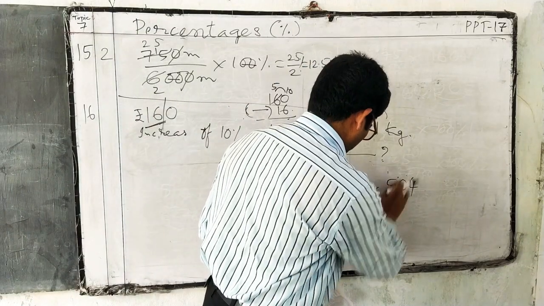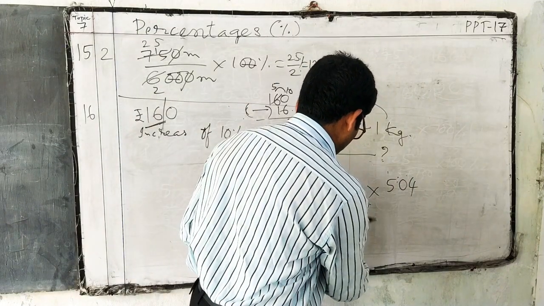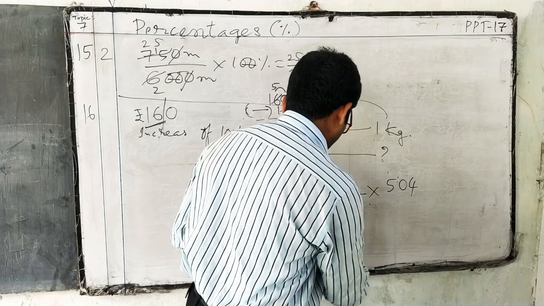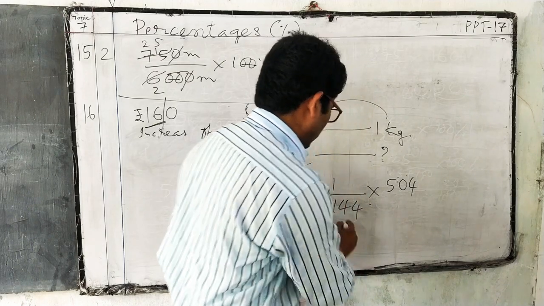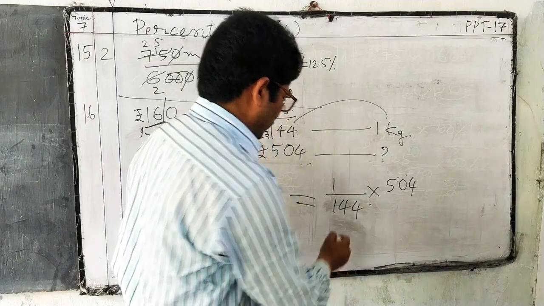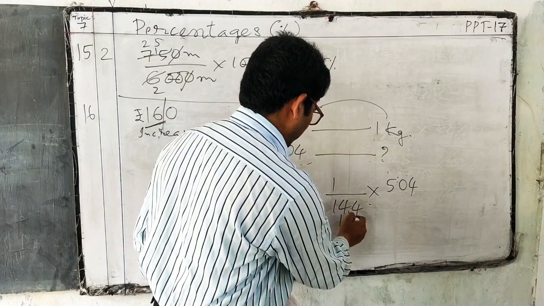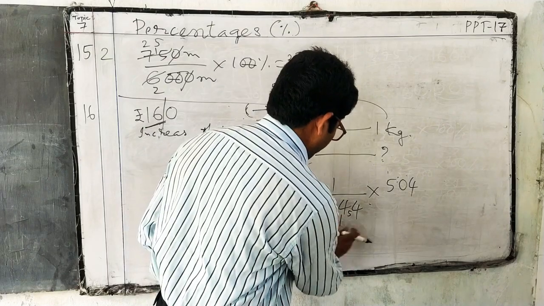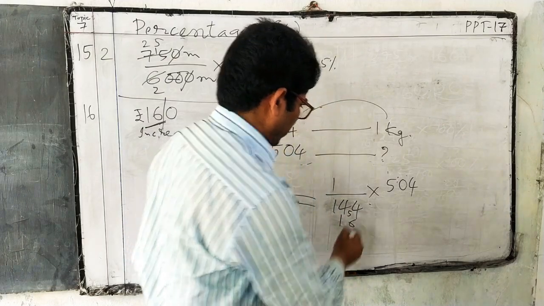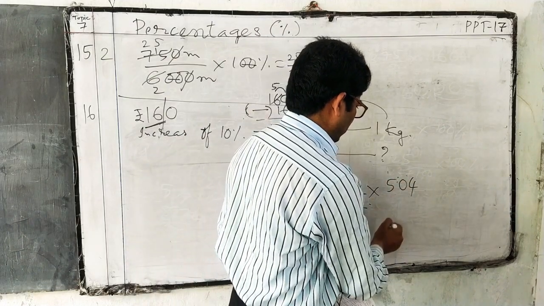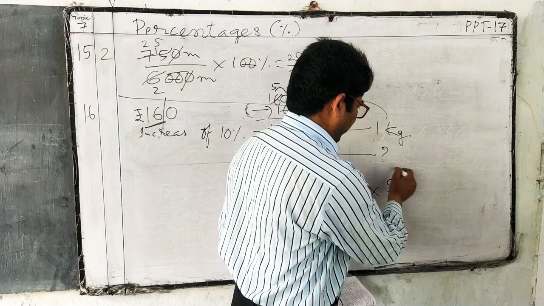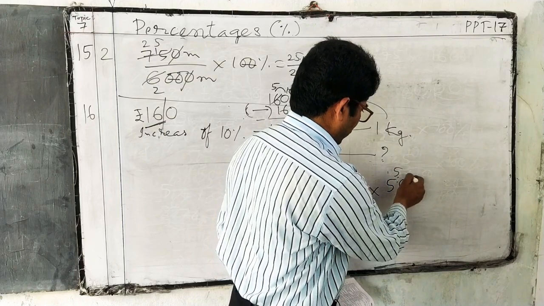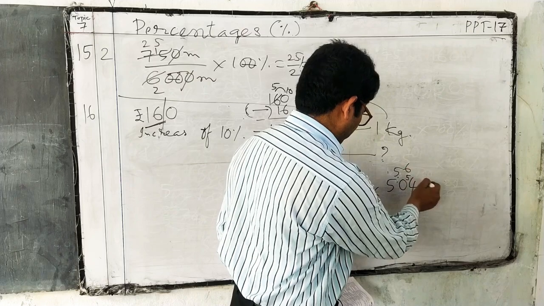We have to cancel this with the 9 table: 9 6s are 54, 9 5s are 45.